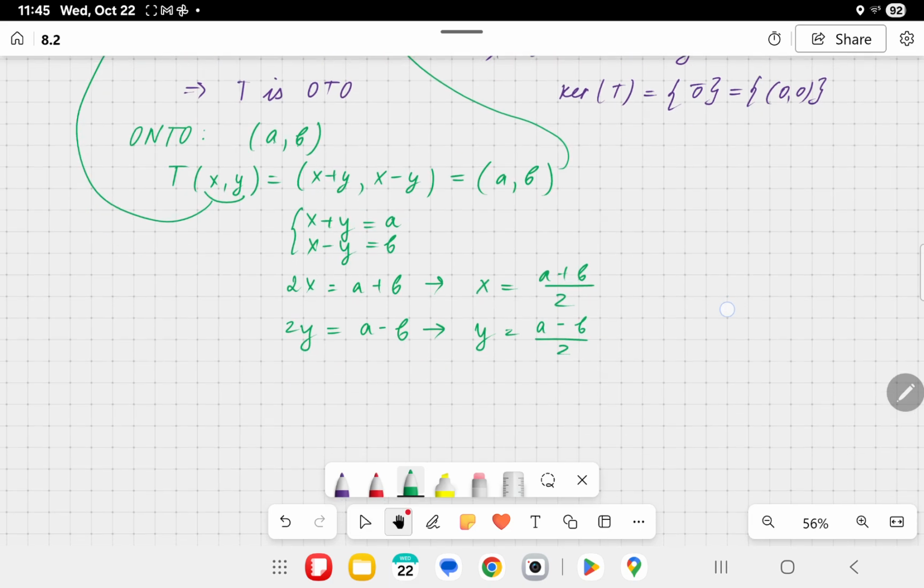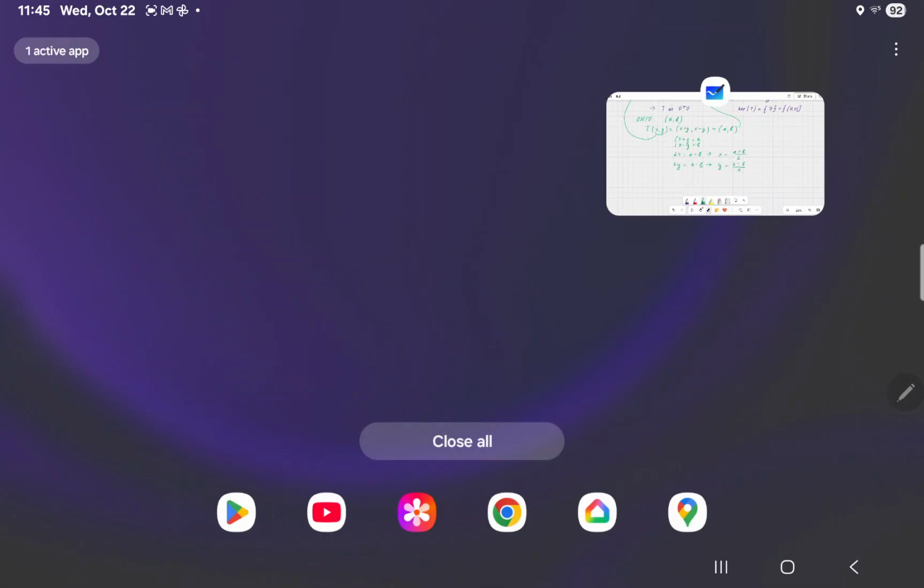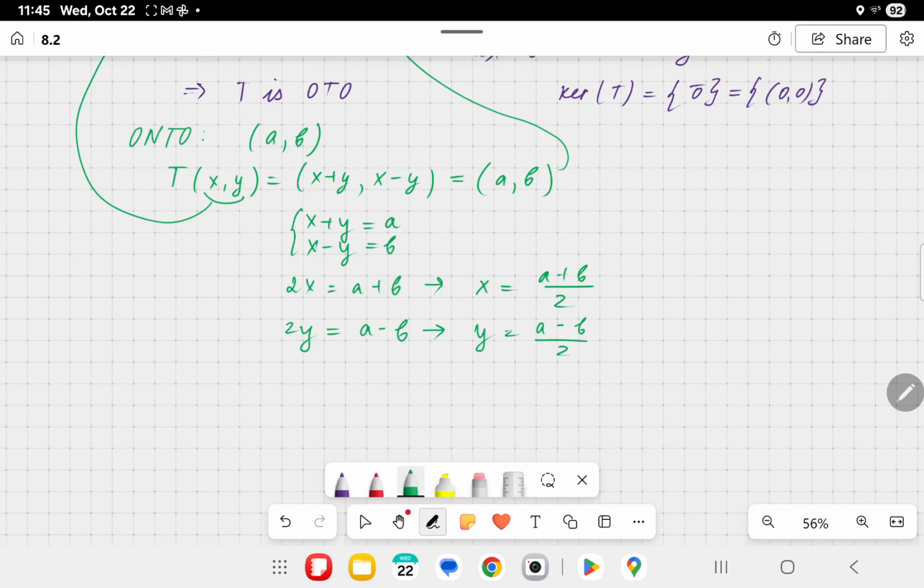So guys, you see that every vector with coordinates a, b from my resulting image space is going to have something in the back, and this something in the back is going to have coordinates x, y equals (a plus b) over 2, (a minus b) over 2.